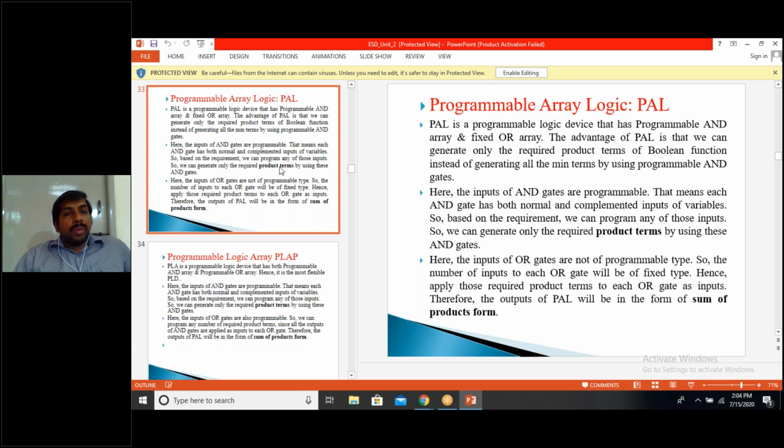Again, the AND plane is going to generate product terms. OR gates are going to generate sum terms, but here they are not programmable. So the number of inputs to each OR gate is fixed. Only you have to program the AND array and generate the product terms.